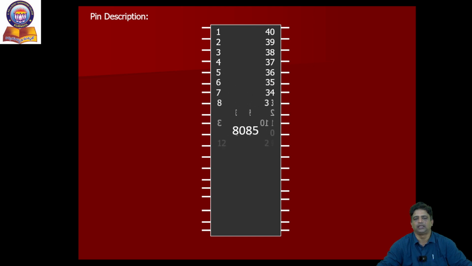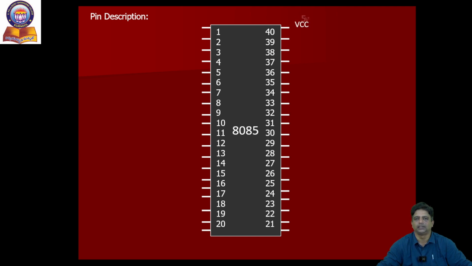However, all the provisions we see as arrow marks in the architecture come in the places of these pins. So we can see the 40th pin will be holding the supply arrangement VCC 5 volts, then the ground arrangement will be pin number 20.